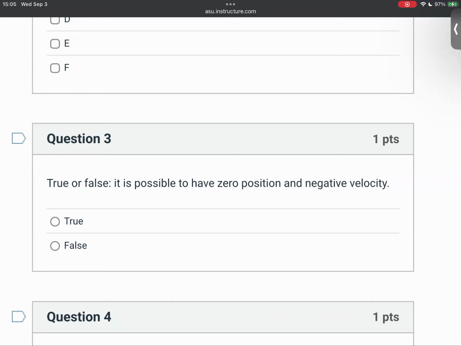Lastly, question here, is it possible to have an acceleration when velocity is zero? Question I, what do you think? Is it possible to have an acceleration when, at least for an instant, velocity is zero?